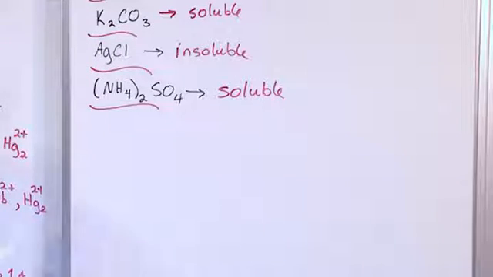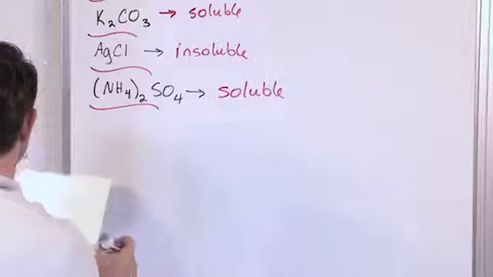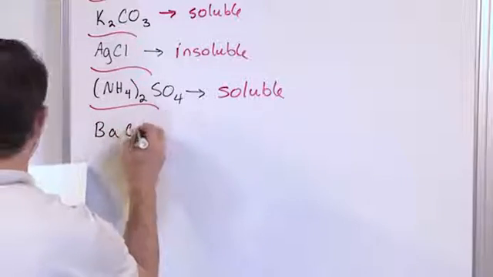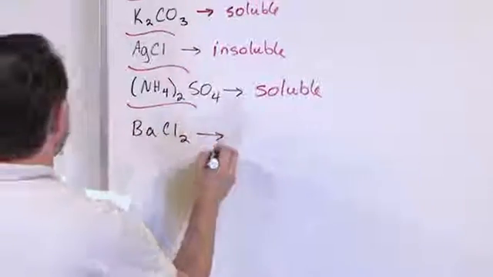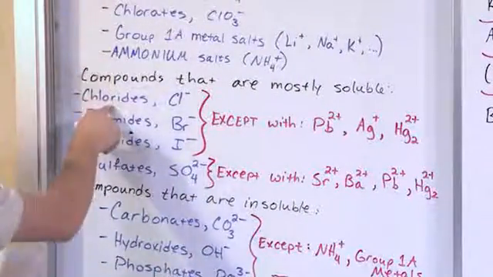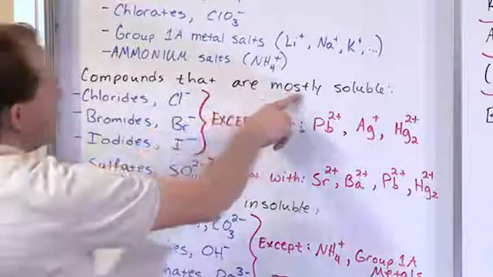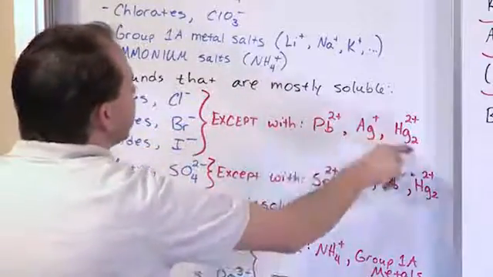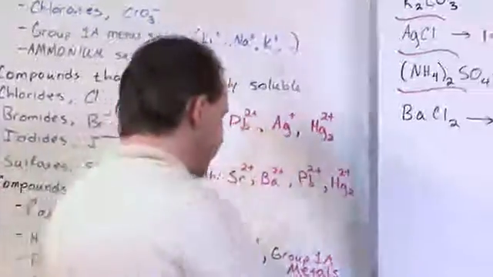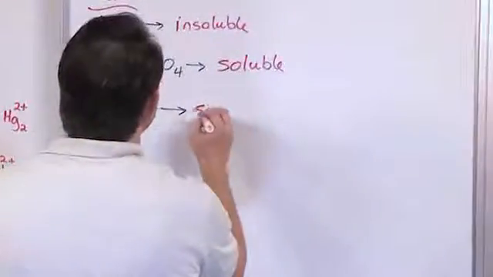All right, the next guy on the list is BaCl2. Okay, so barium chloride. So you come up here, you don't see anything here, you get to chloride. Most chlorides are soluble unless they're combined with one of these, which is not barium. So since most chlorides are soluble, it's not an exception, soluble.